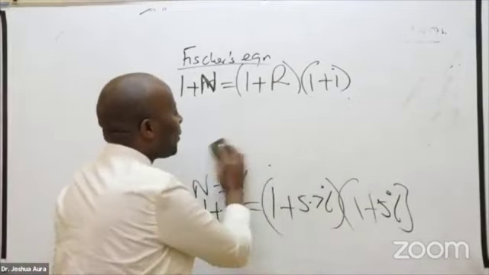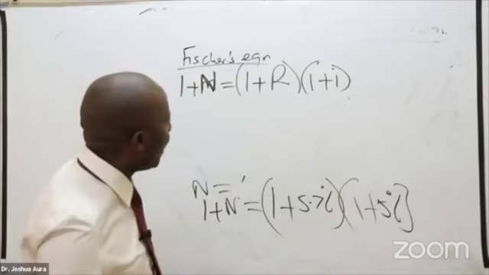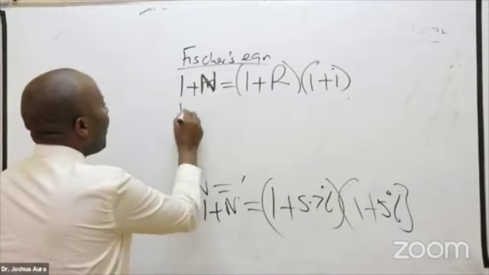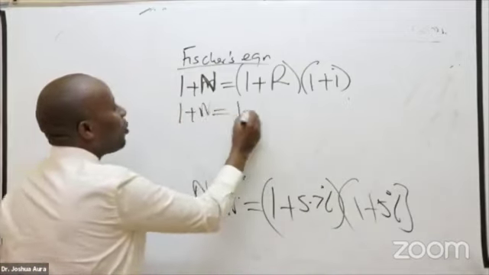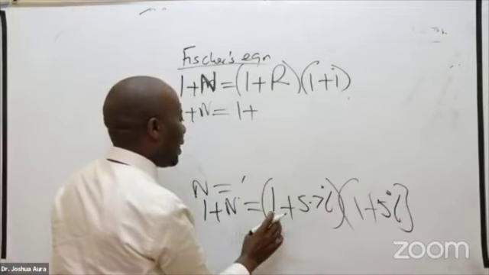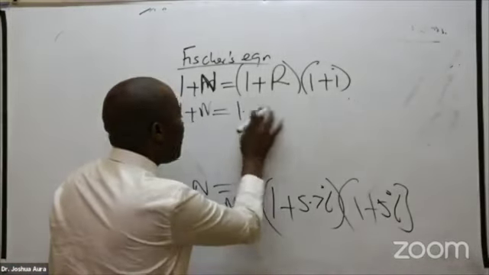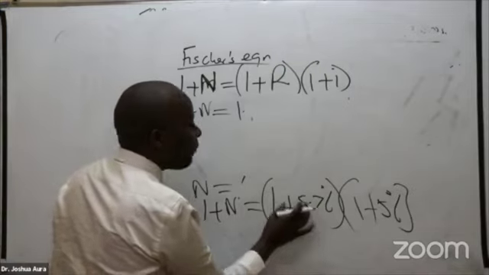Now, my great students, come and plug in the figures here. So we have 1 plus our nominal being equal to 1 plus the real rate of return. We have already this 1 plus 5.7%.